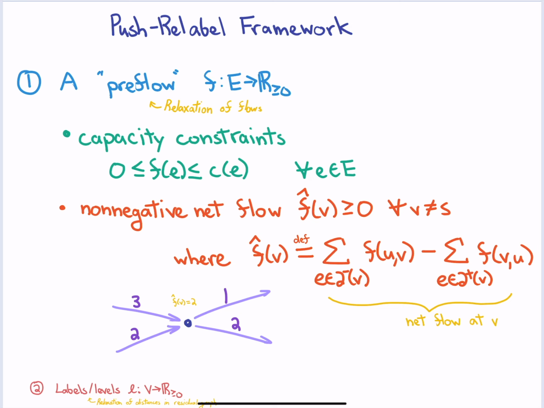They're not actually going to have a flow all the way through. At termination, all the intermediate vertices will have net zero flow and you'll have a flow after all. Just that in the middle, we're allowed to bend the rules. So one component is a preflow. It's a lot like a flow, but you're allowed to have excess flow at some of the vertices.